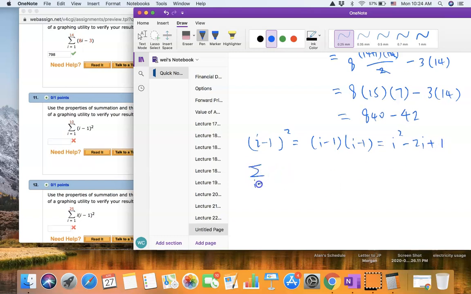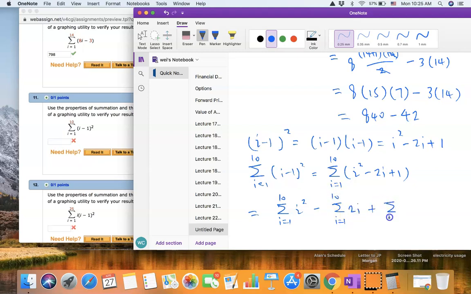So this summation is equivalent to the summation of i squared minus 2i plus 1, which equals, then using the property of the sigma notation, the summation of i squared minus the summation of 2i and plus the summation of 1.